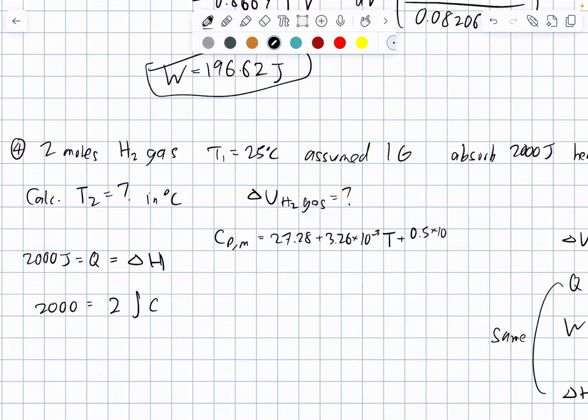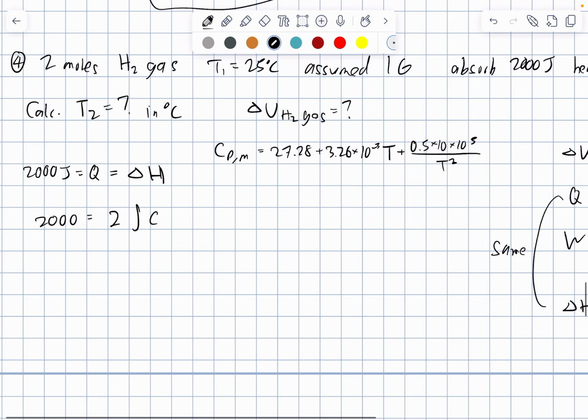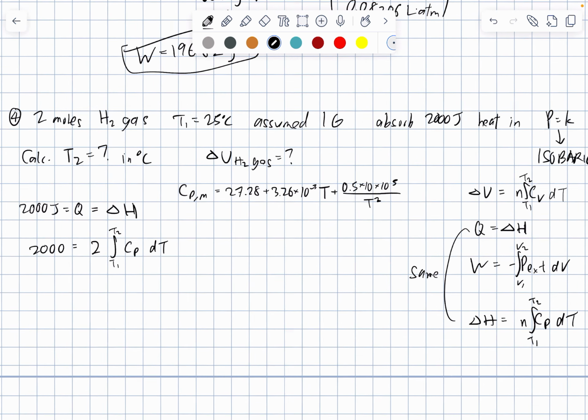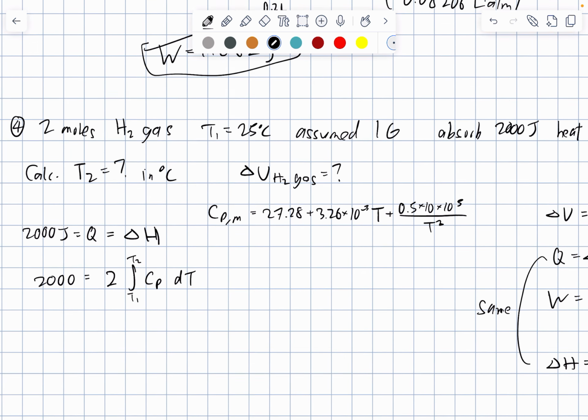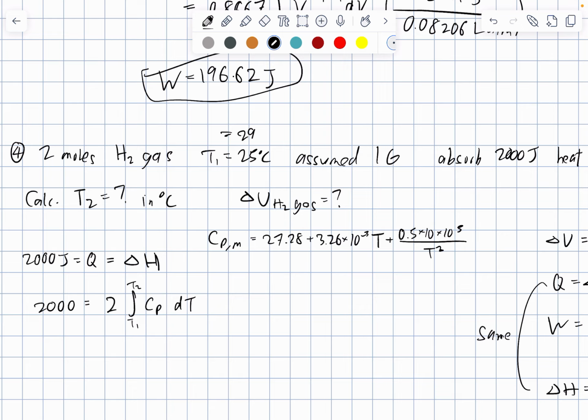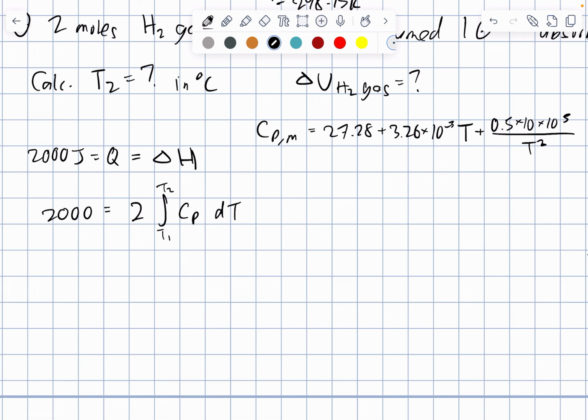Temperature in Kelvin, Cp molar in joules per mole Kelvin. Same unit as the 8.314, the universal gas constant. Okay, so that's Cp, no? Cp and then dT, T1 to T2. What we're looking for is T2. T1 at 25 degrees Celsius is 298.15 Kelvin. Let's convert it to Kelvin already.